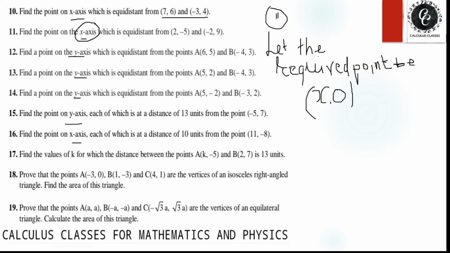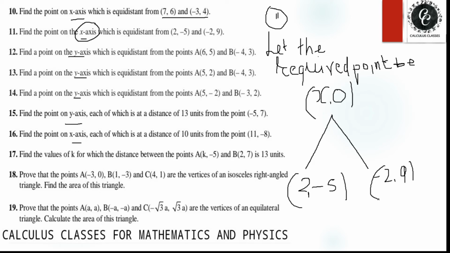And they are saying this is equidistant. Equidistant means equal distance. That means this point is at equal distance from A (2, -5) and B (-2, 9). Now what we have to do is apply the formula.